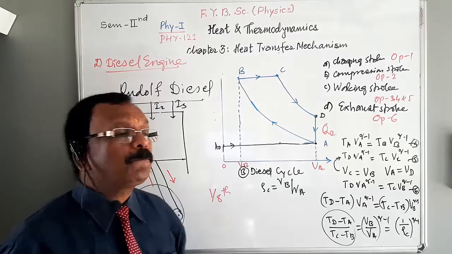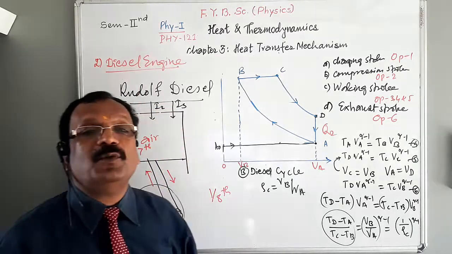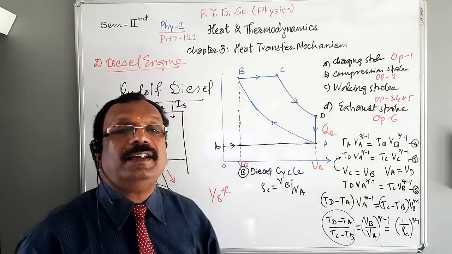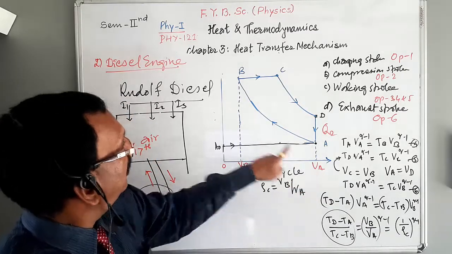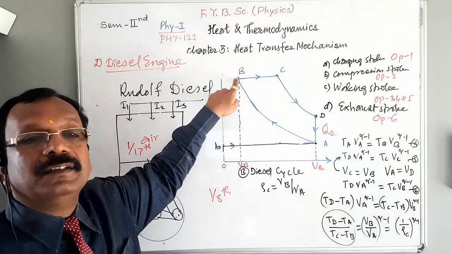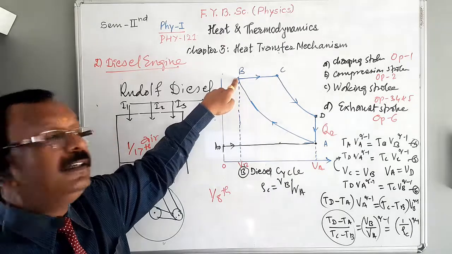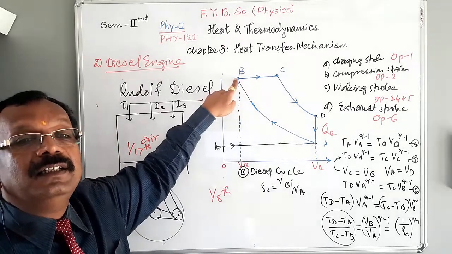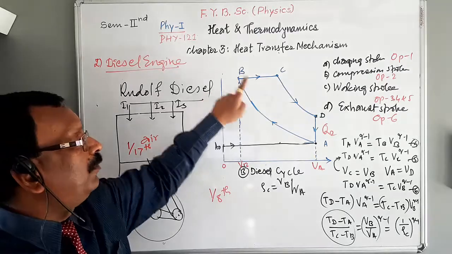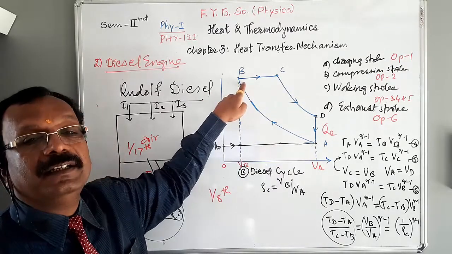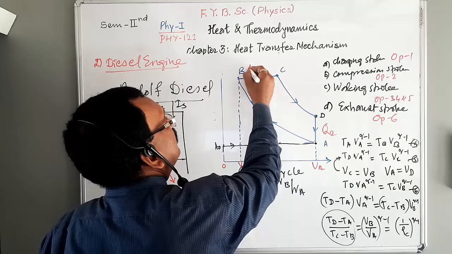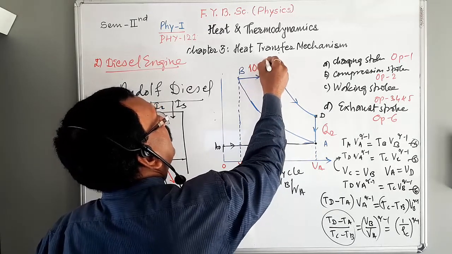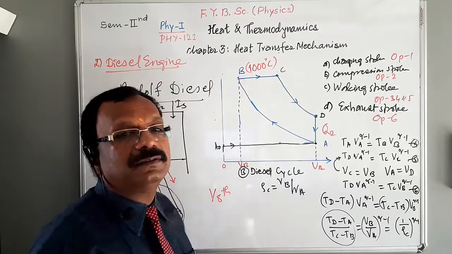So the temperature rises much more. Let the volume change from VA to VB. Consequently, the temperature also increases from TA to TB. As the compression ratio is large, the temperature rises to about 1000 degrees Celsius.